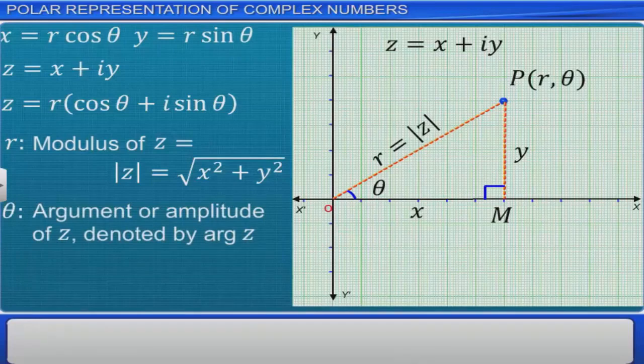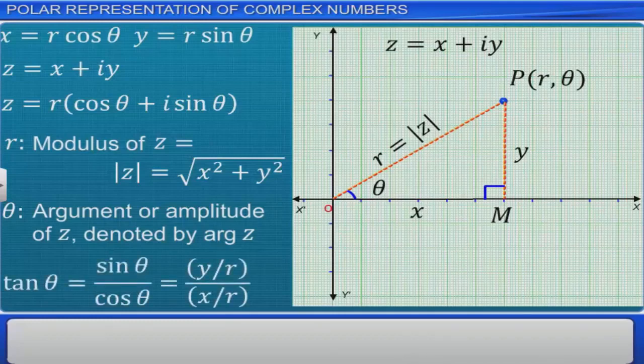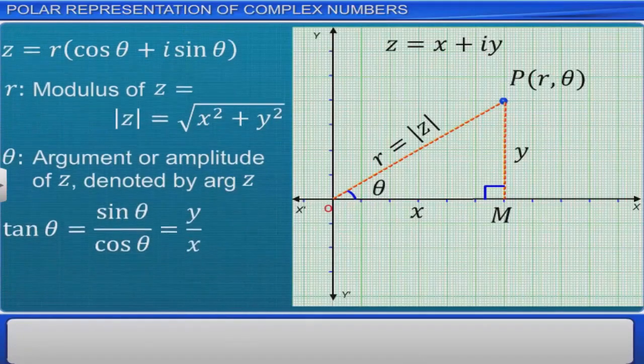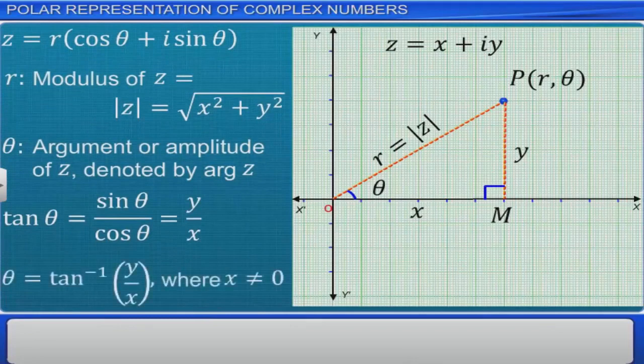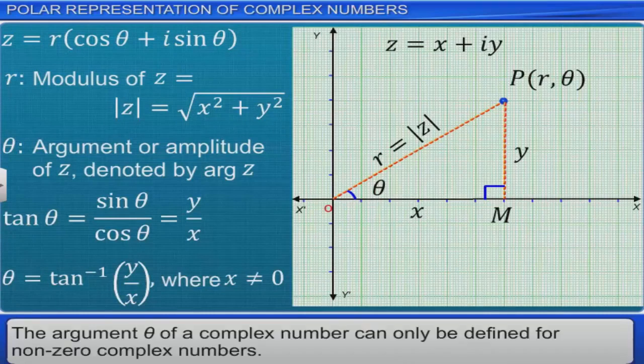We know that sin theta divided by cos theta is equal to tan theta, which is equal to y divided by x. Therefore, theta is equal to tan inverse y divided by x. This implies that argument theta of a complex number can only be defined for non-zero complex numbers.